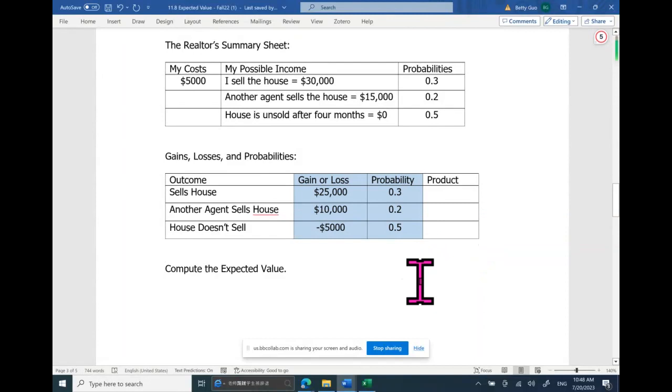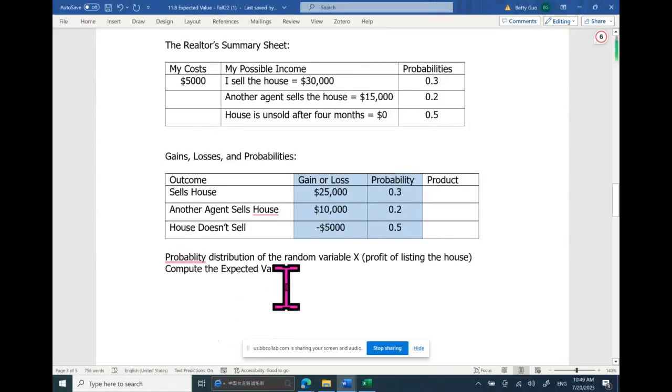That's the probability distribution of the profit X, of the random variable X. X represents the profit of listing the house, the profit of the realtor by listing the house. So that's the probability distribution in blue.